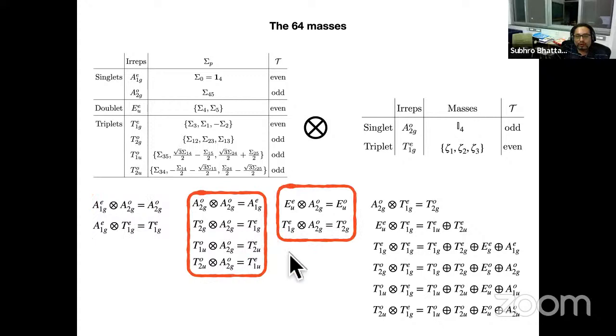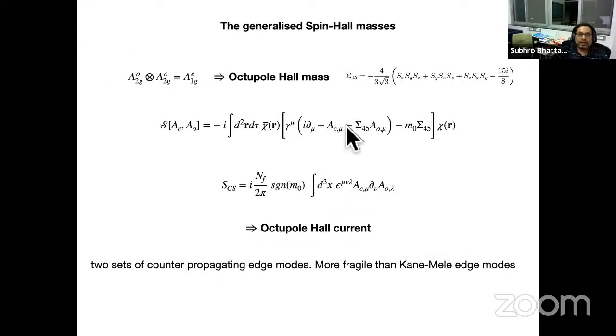Let me move on to the generalized topological masses, the generalized spin Hall masses, to be precise. In particular, there is a singlet which, instead of the spin Hall effect, is an octopole Hall effect, in the sense that in terms of j equal to 3/2, these lead to octopole currents instead of spin currents.